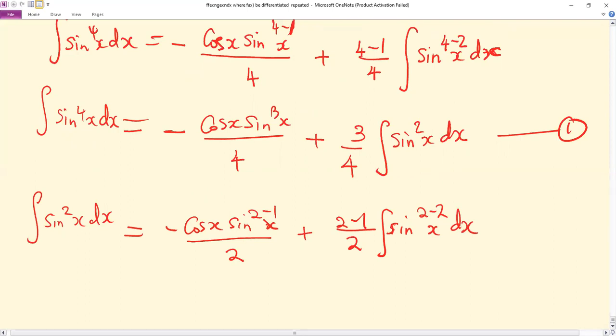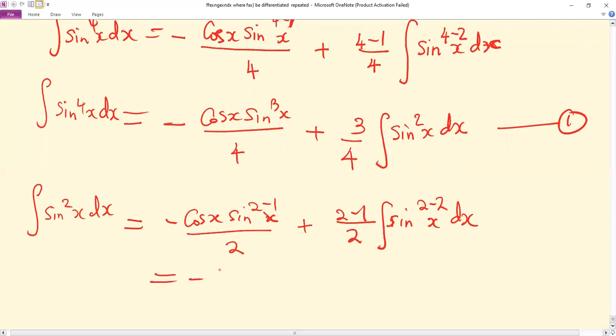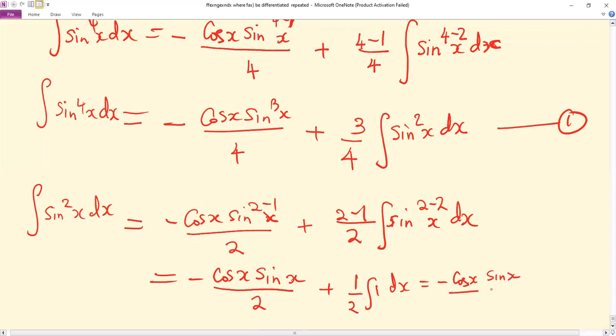Sine x raised to power 0 is 1. So we'll have negative cos x sine x over 2 plus a half times the integral of 1 dx, which is just negative cos x sine x divided by 2 plus a half x plus a constant, call it C1. Call this one 2.